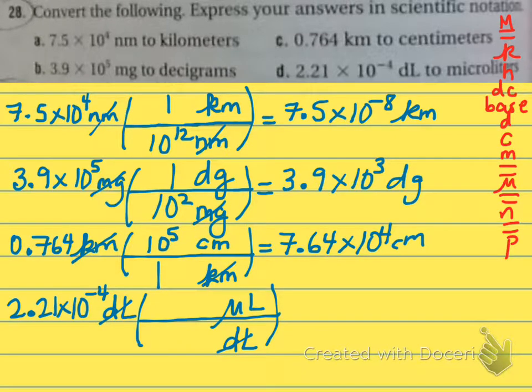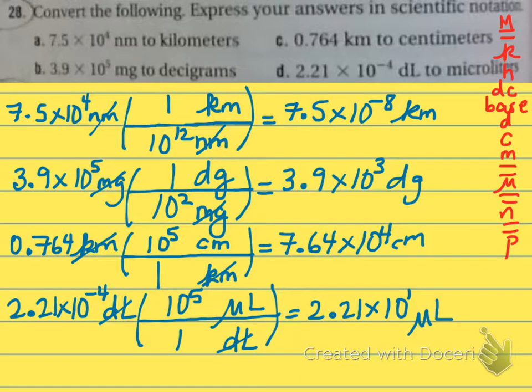Again, when I look at my metric system, deciliter is larger, so I'm going to make it 1, make this 10, and again, to figure this out, I'm going to start at deci and count, so 1, 2, 3, 4, 5, 10 to the 5th. Which means I have 2.21 times 10 to the 1st, okay, microliters.